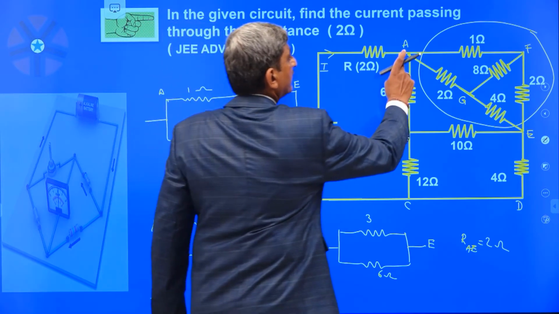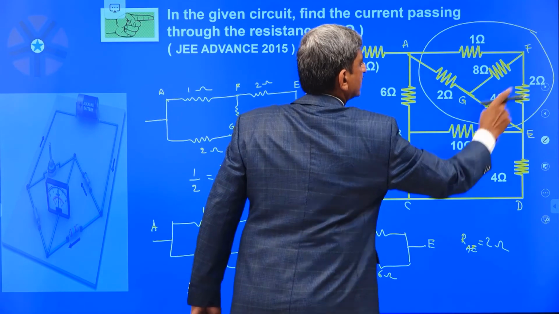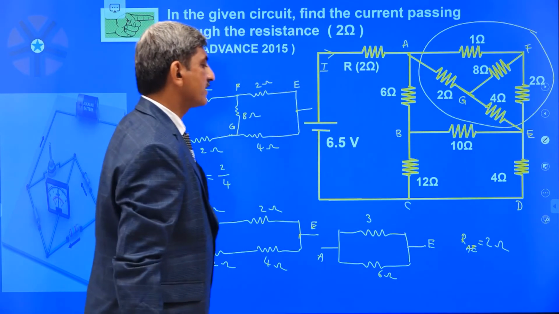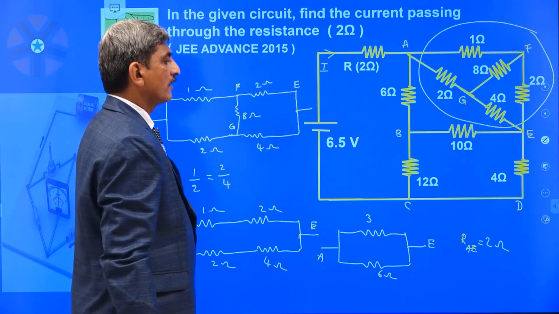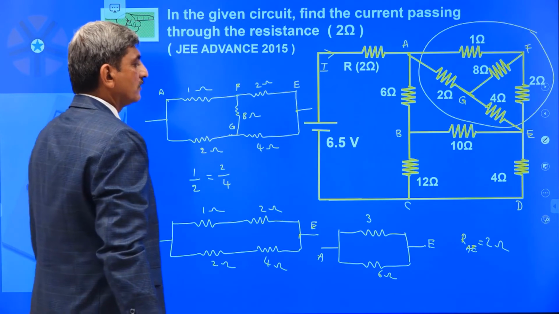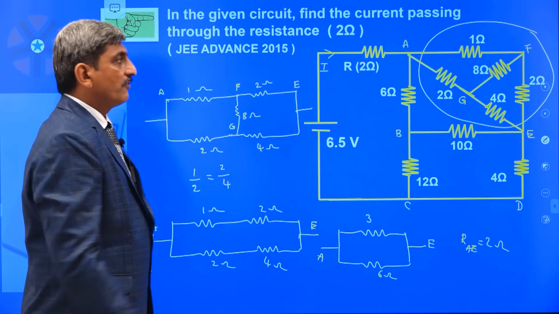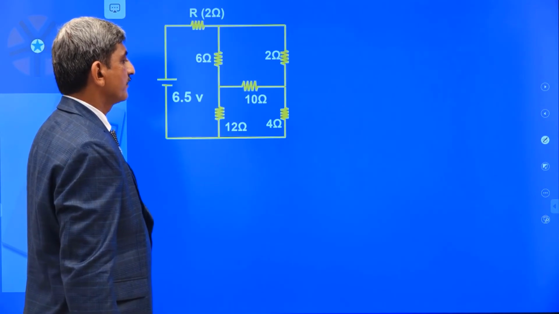Now in between these A, F, G, E points, the entire network can be replaced by a single resistor of resistance 2 ohms. Okay. Now let us see the diagram where that entire network is replaced by the 2 ohms resistance.